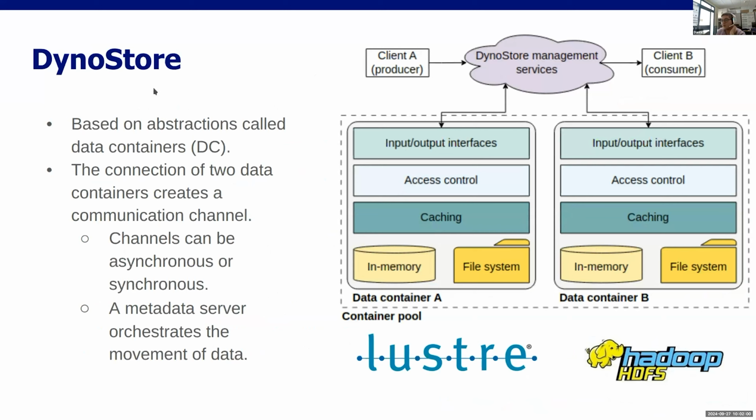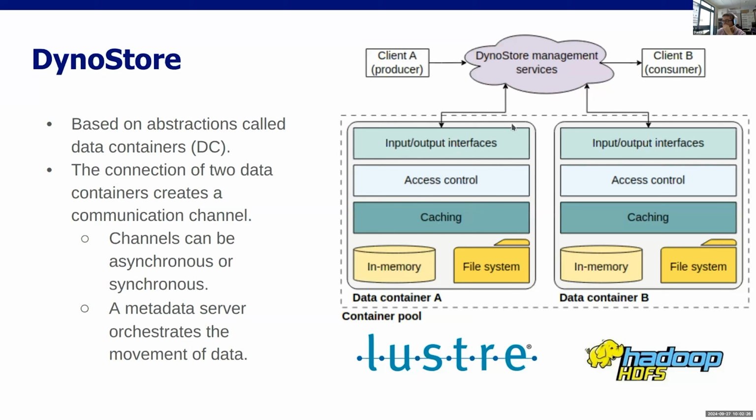We call this system DynoStore, and it's based on abstractions called data containers. A data container is basically an abstraction that is put as an interface over existing storage systems. They have an input-output interface to allow access by remote users. They have access control layers and caching to move data through memory and the file system.